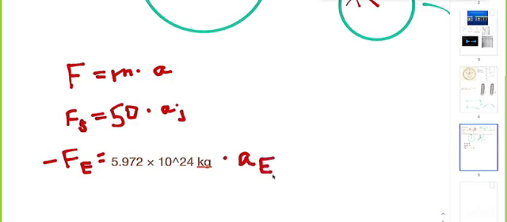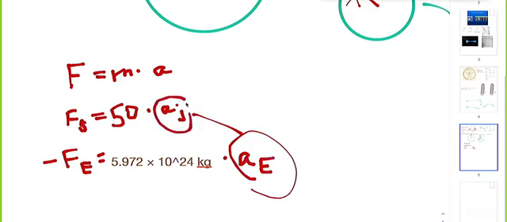Now, will this acceleration be equal to your acceleration or not? It won't, because the forces are equal. Your mass is much smaller than the Earth's mass, so that means the acceleration of Earth must be much smaller, and slower than yours.